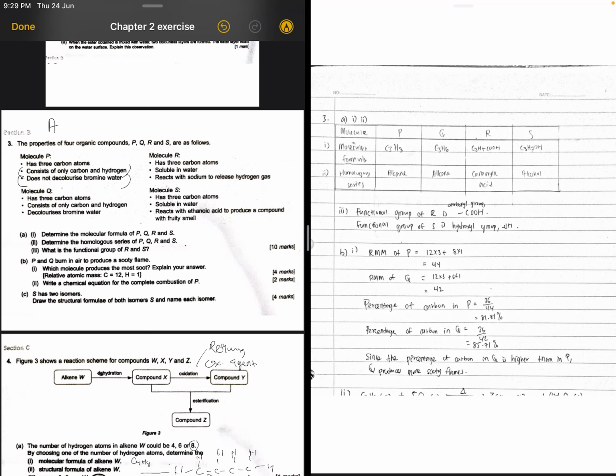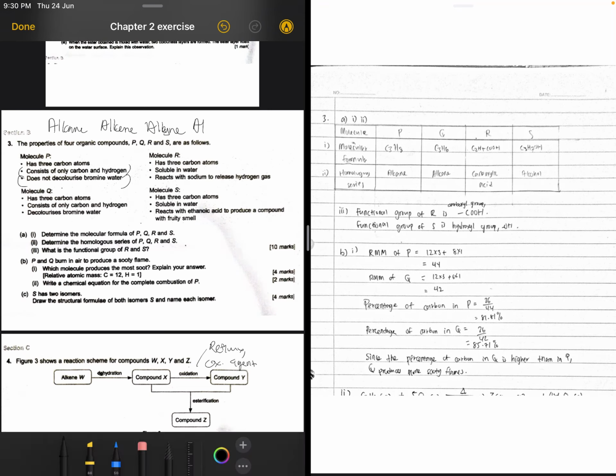So I know it's either alkane, alkene, or alkyne, alcohol, carboxylic acid. With the first one, I know it's only carbon and hydrogen, so it's either alkane, alkene, or alkyne. So these two are out.